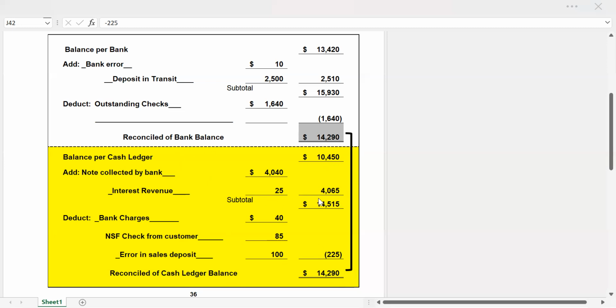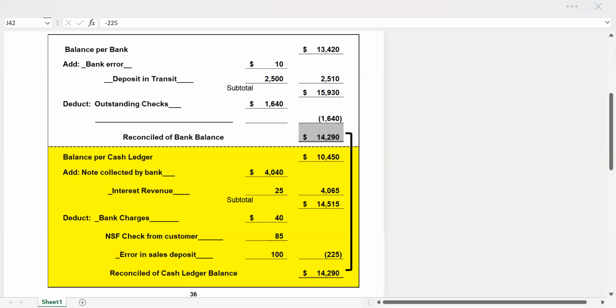So I like to do it in combined entries. I like to take the items that are added and make one entry, and then take the items that are subtracted and make a second entry. So let's go ahead and look at the journal. The date was June 30th of 2021. The first thing we want to look at is cash.